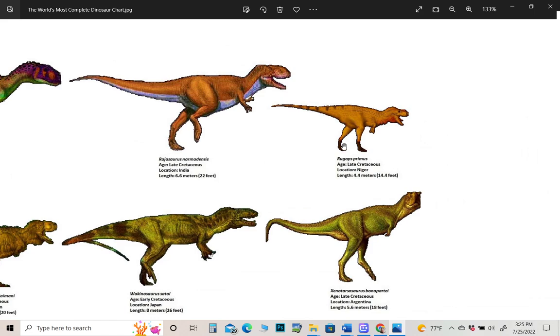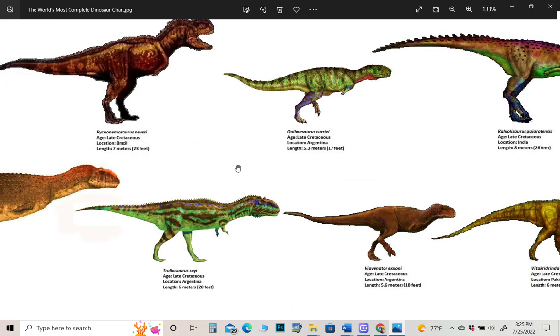Rugops is a very small abelosaur, as you can obviously see.